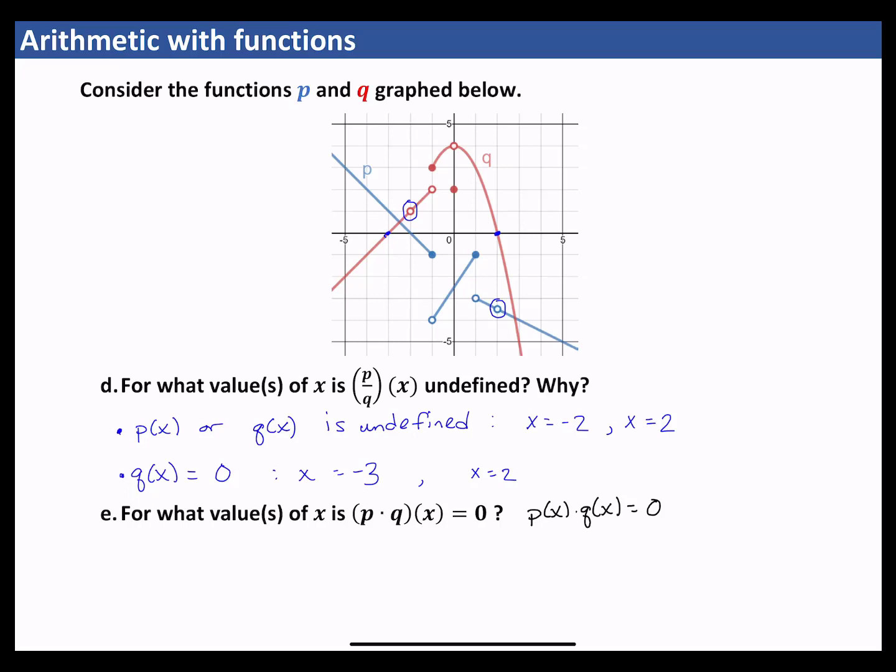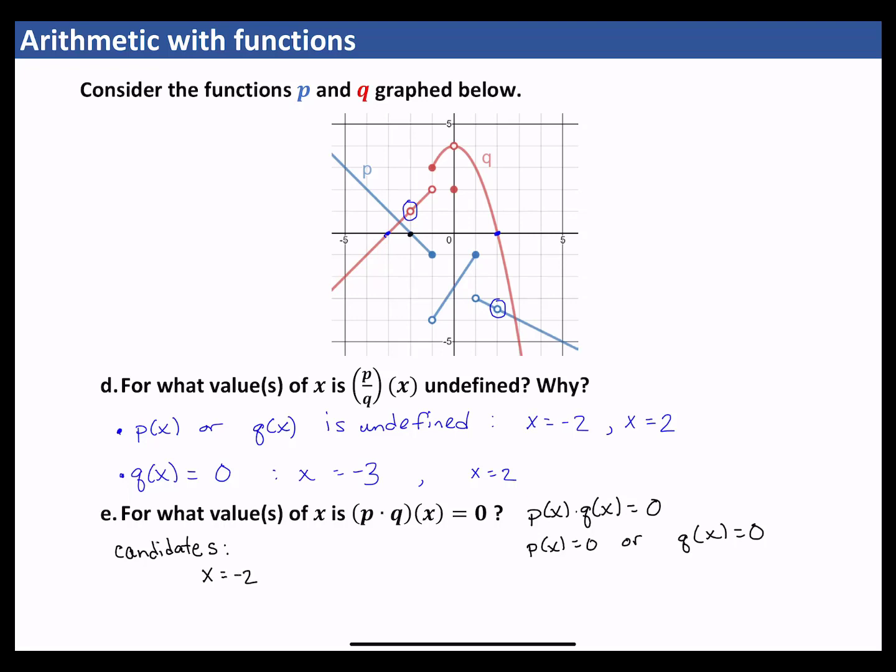And we also know that if the product of two quantities equals 0, then one of those quantities, either p of x or q of x, must equal 0. So our candidates for where this product equals 0 would be where p of x equals 0, which is at x equals -2.